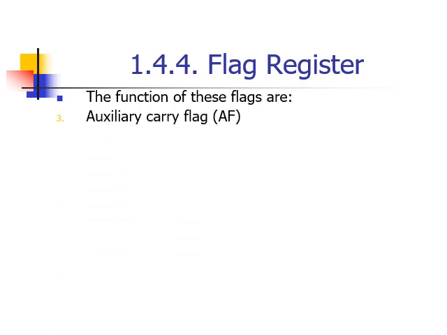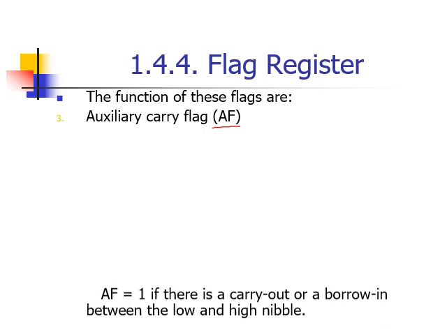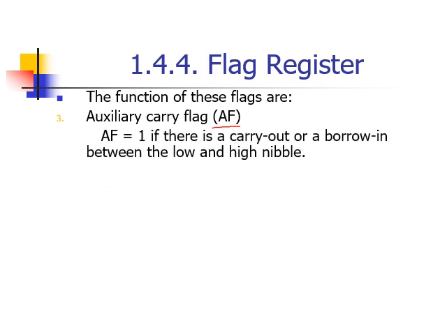The auxiliary flag bit: if you're adding or subtracting numbers, and midway, at the fourth bit between the two nibbles, a carry is generated or a borrow is needed, this auxiliary flag bit is set.